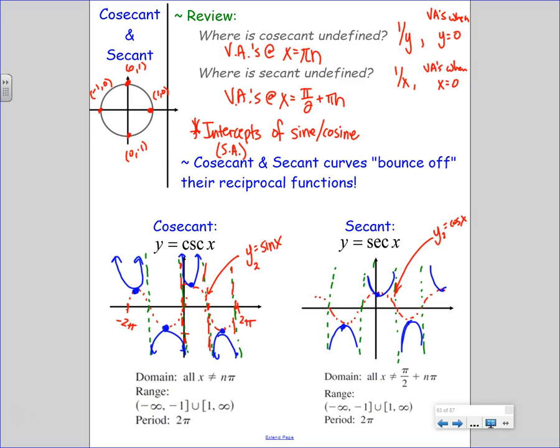The intercepts of sine and cosine will be the vertical asymptotes of cosecant and secant. Always. The intercepts of sine and cosine will always be the vertical asymptotes of cosecant and secant.